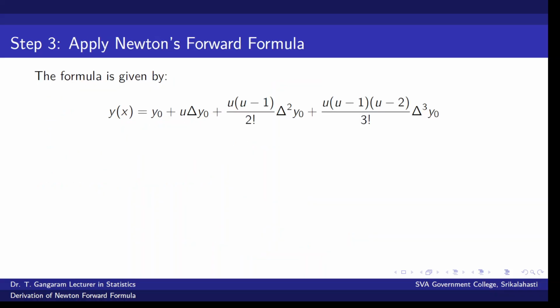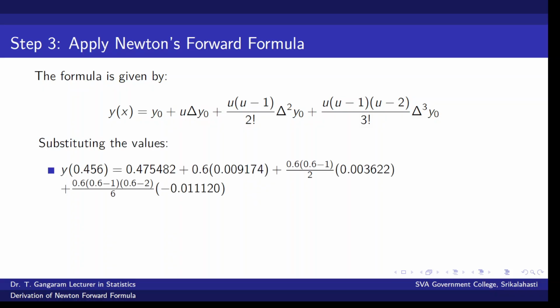U here is 0.6. Simply substitute these values in Newton's forward formula, that is y of x is equal to y naught plus u delta y naught plus u into (u minus 1) by 2 factorial into delta square y naught, and so on, plus u into (u minus 1) into (u minus 2) by 3 factorial into delta cube y naught.